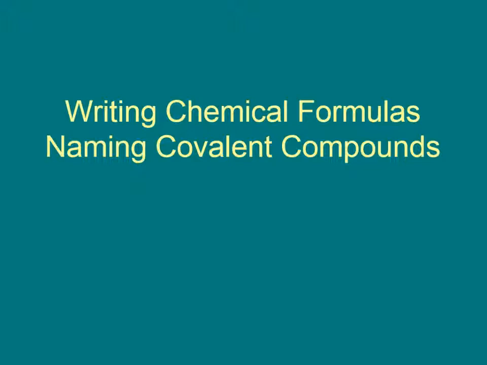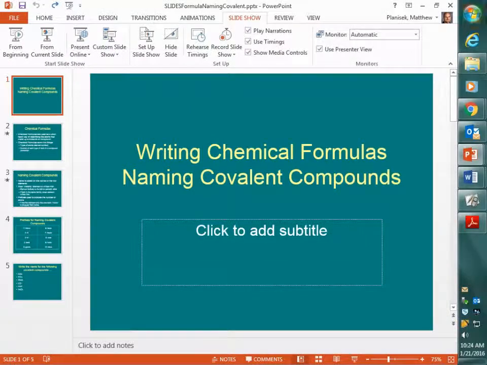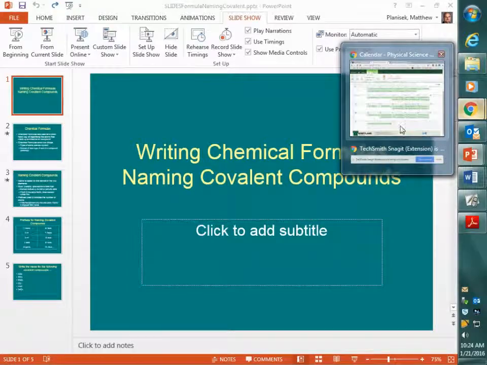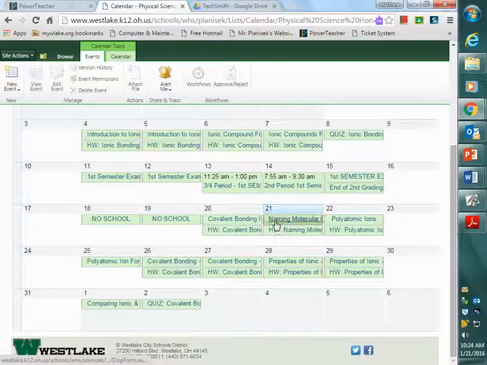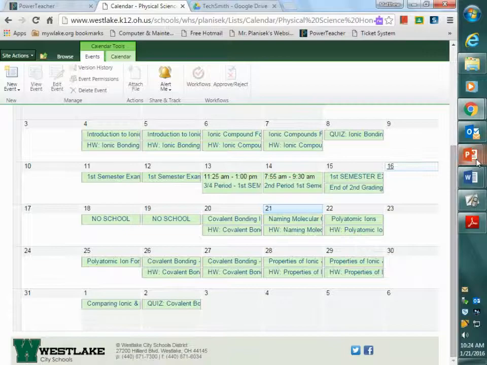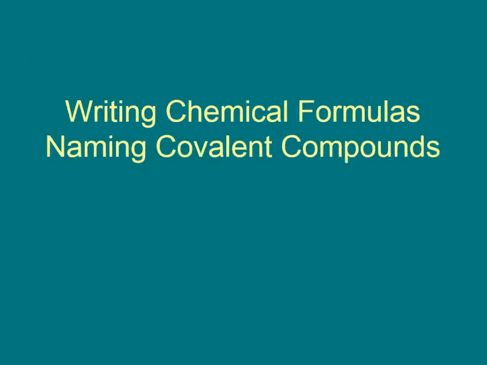But if you look at the calendar for today, it says naming molecular compounds. What is a molecular compound? Well, a molecule, isn't that when there's 2 of the same non-metal?